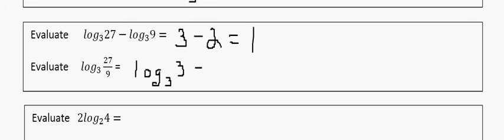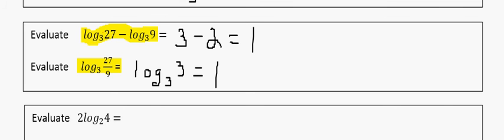And of course, based on our previous example, log base 3 of 3 is 1. So once again, we have two equivalent expressions. Log base 3 of 27 minus log base 3 of 9 is equivalent to log base 3 of 27 divided by 9.